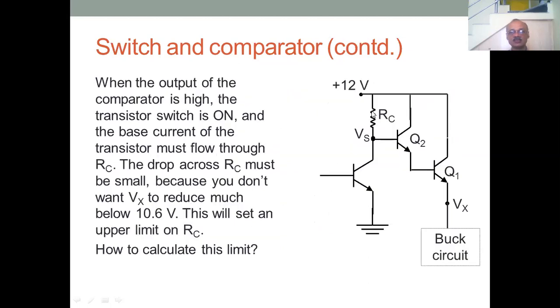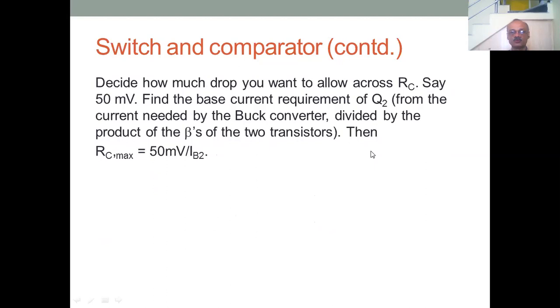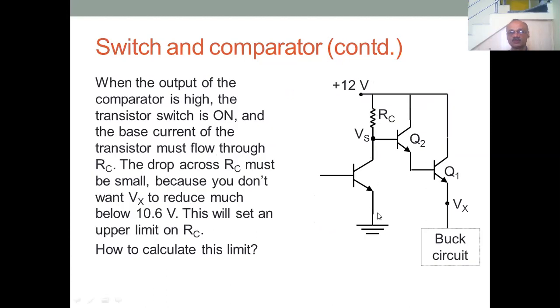The other thing that determines RC: the sink happens when Vs is low, close to 0, and Q1, Q2 are off, and all the current is flowing from RC into the comparator chip. When Vs is high, then Q1, Q2 are on and current flows like this.